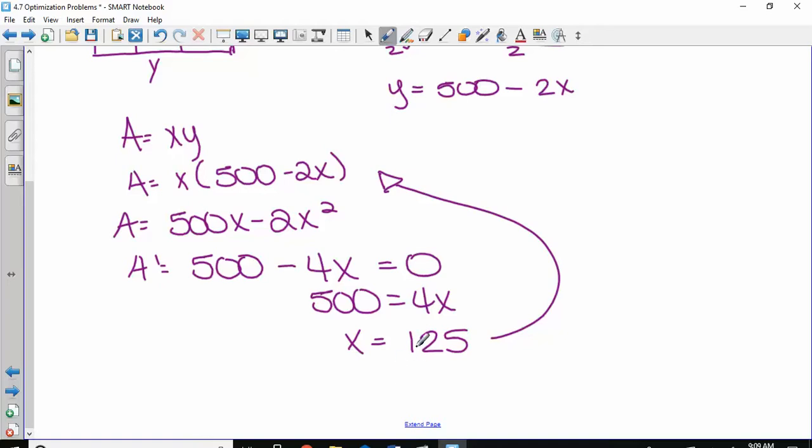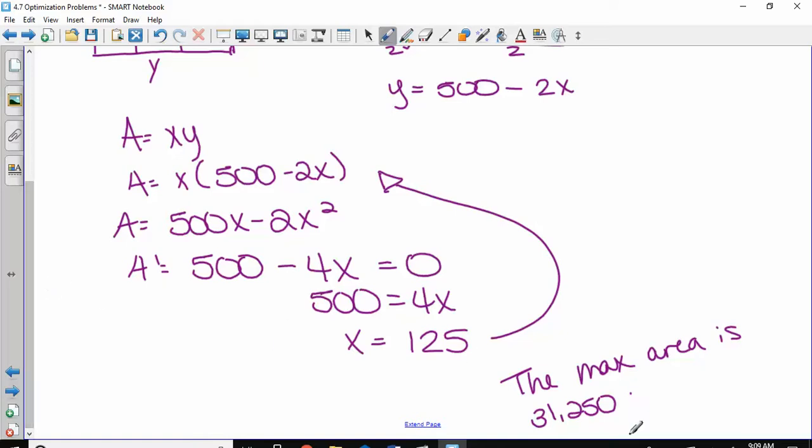So any way that we do that, I'd have 125 times 500 minus 2 times 125. So the maximum area is 31,250. Area is square units.